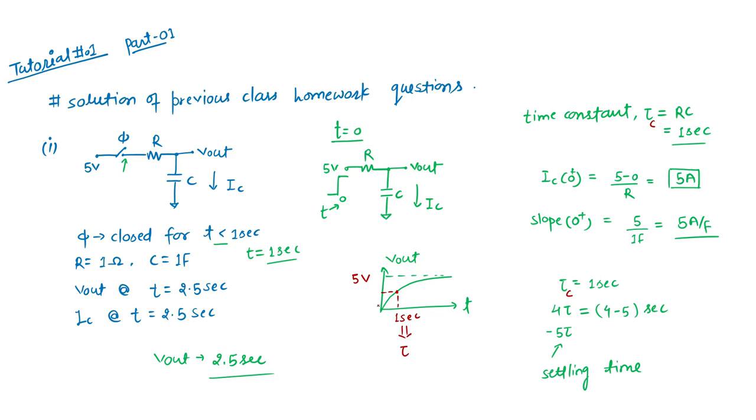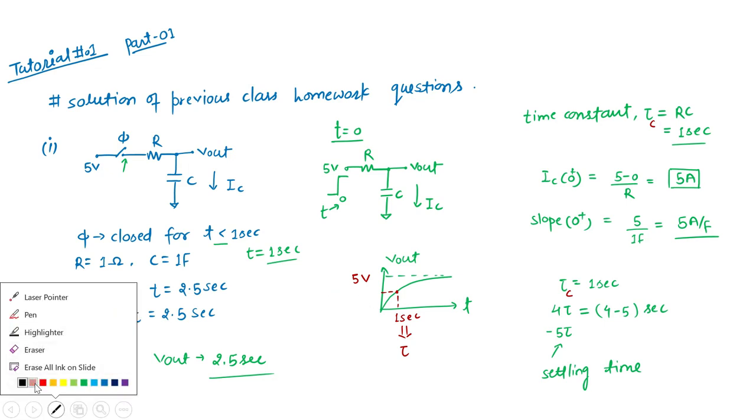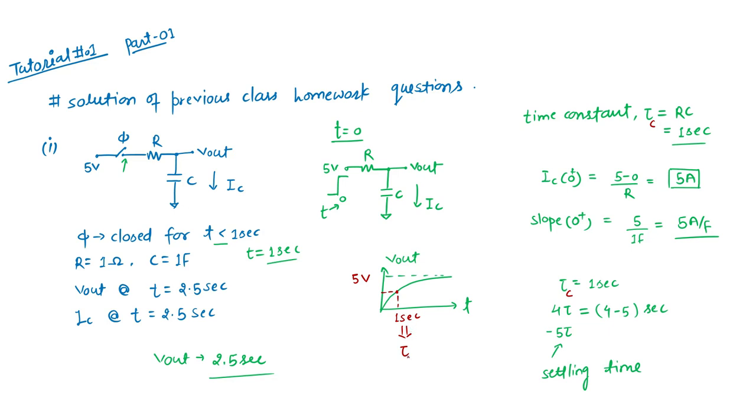So what is the value we have reached till this point? We know that at tau it is nearly 70%, not exactly 70, but we'll see. So 1 second is equal to tau, and we have reached some value here.